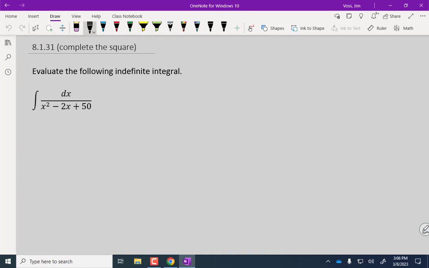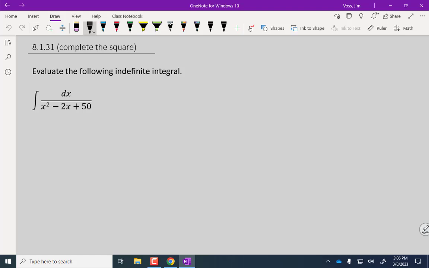Why would we complete the square here? Because you can split off the 50. So let me say, if this was factorable, would we want to complete the square? No. If it's factorable, what technique would we use? Partial fraction decomposition, PFD.